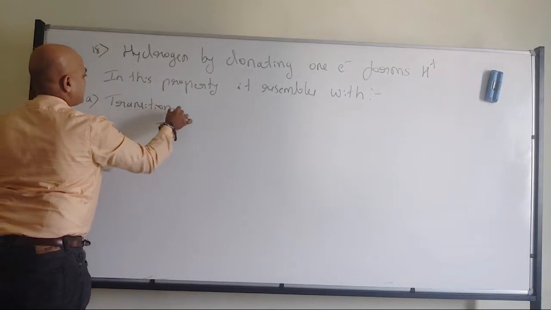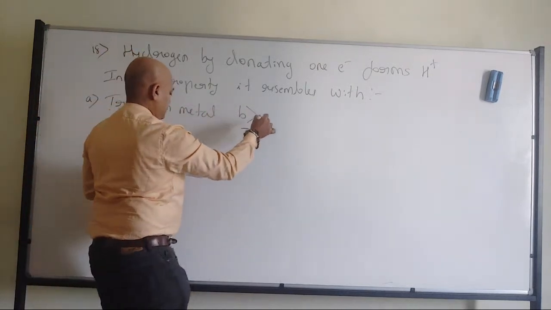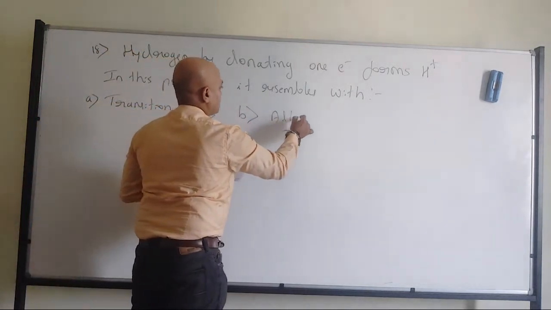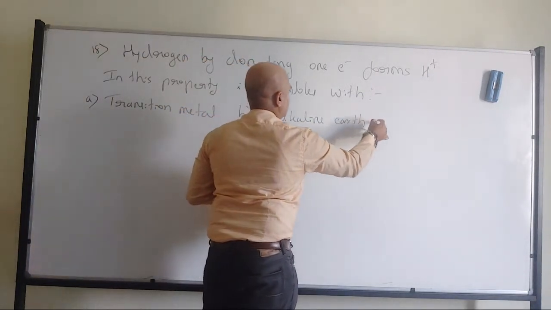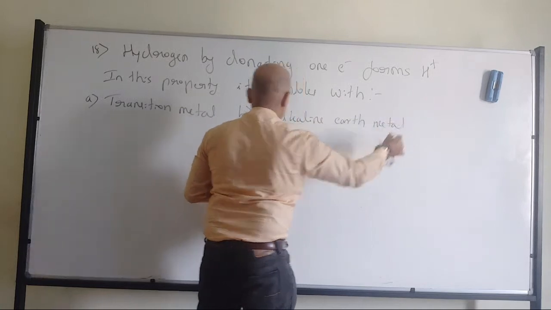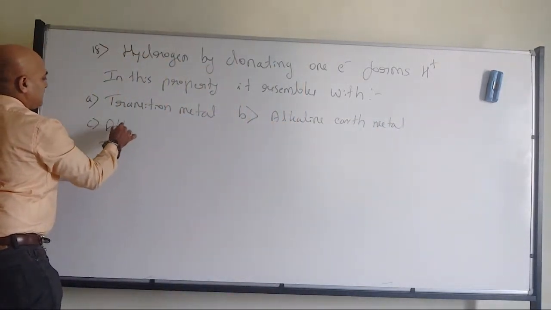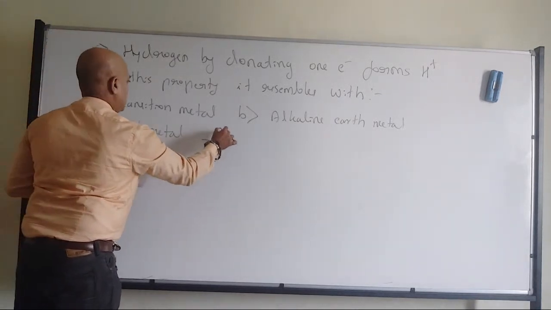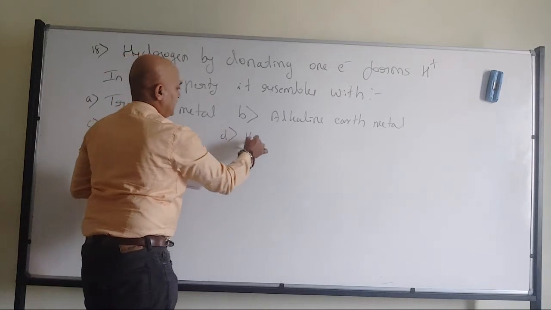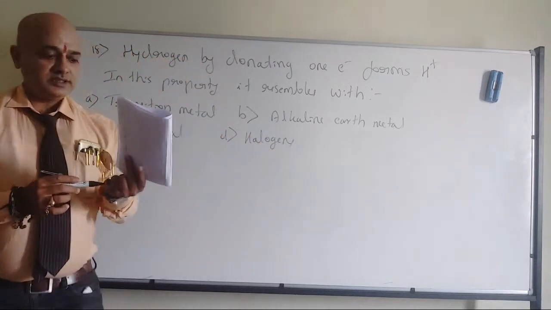Option A, transition metal, option B, alkaline earth metal, option C, alkali metal, and option D, halogens.